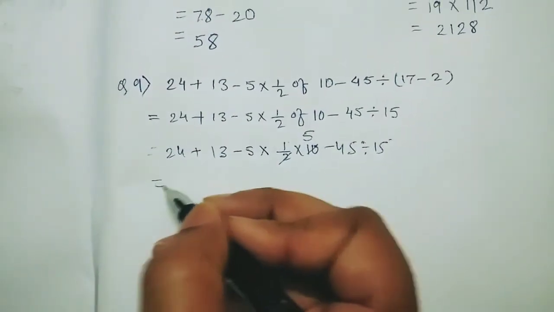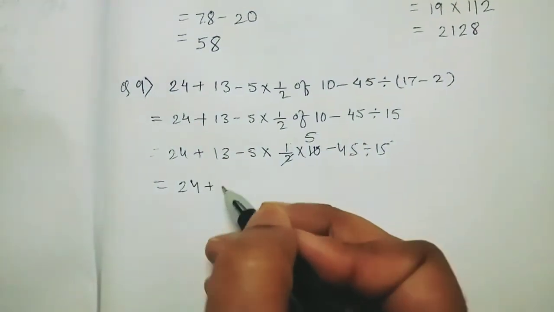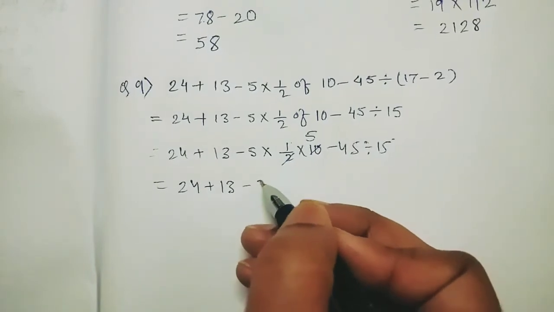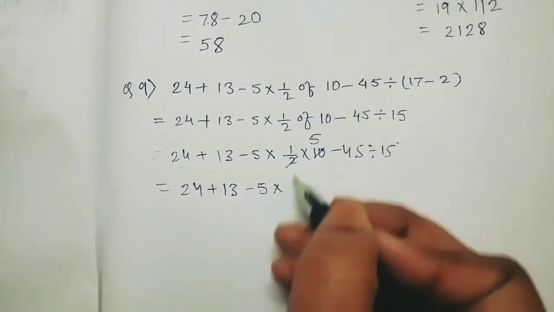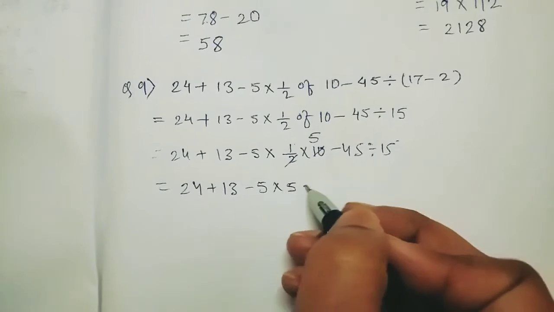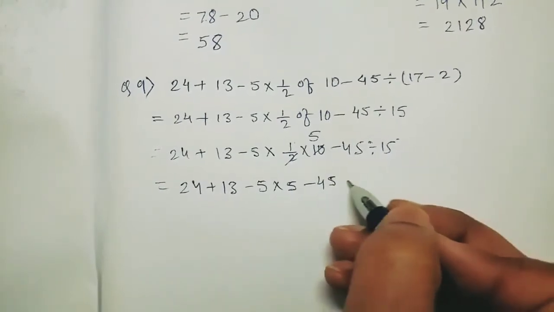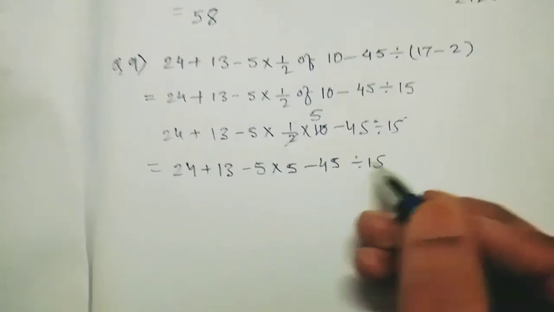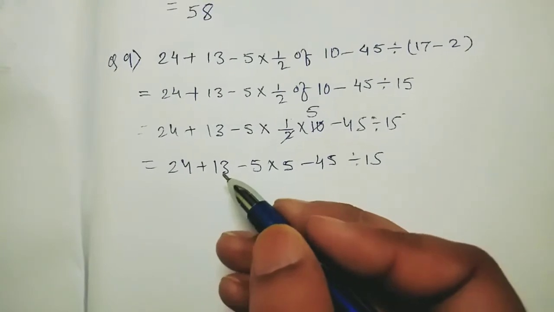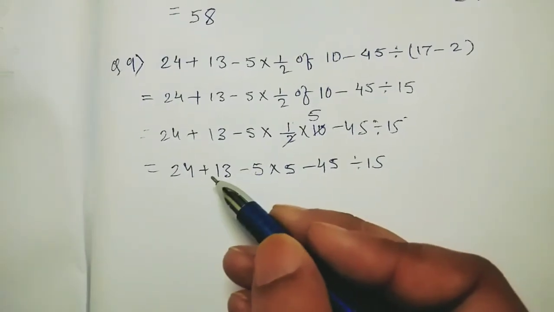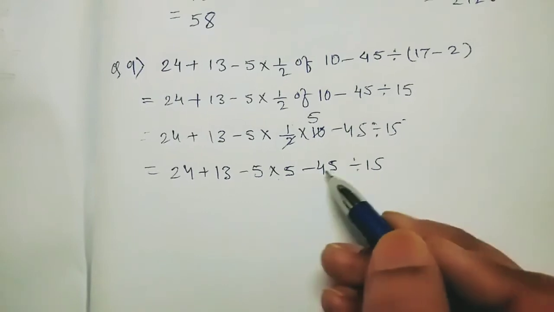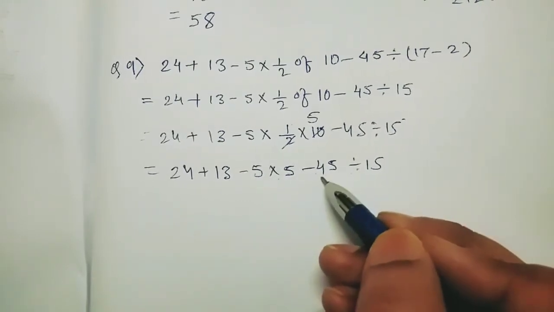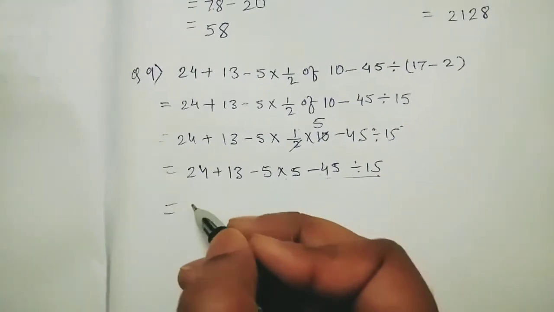Okay, now 24 plus 13 minus 5 into, here 5 is there, so write here 5, minus 45 divided by 15. So here which operation will you perform now? First of all plus, minus, then into, then minus, and then divide. So you will perform the divide first of all.